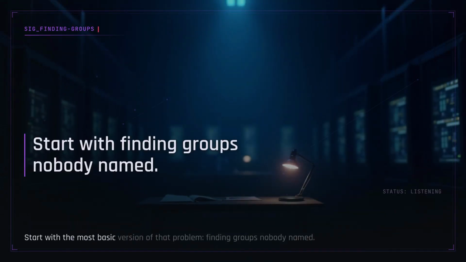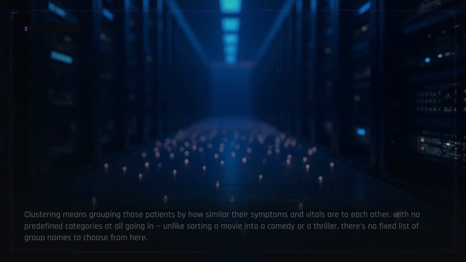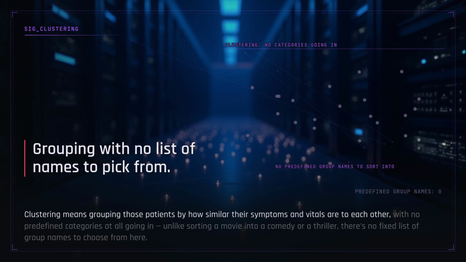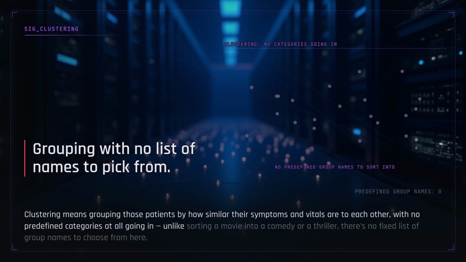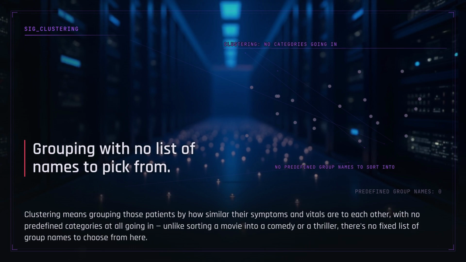Start with the most basic version of that problem, finding groups nobody named. Clustering means grouping those patients by how similar their symptoms and vitals are to each other, with no predefined categories at all going in. Unlike sorting a movie into a comedy or a thriller, there's no fixed list of group names to choose from here.